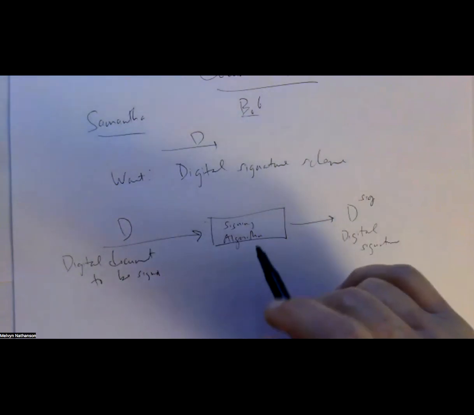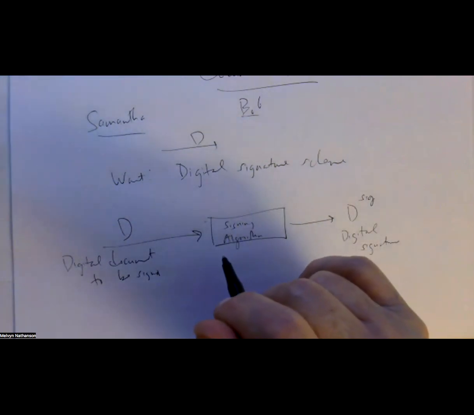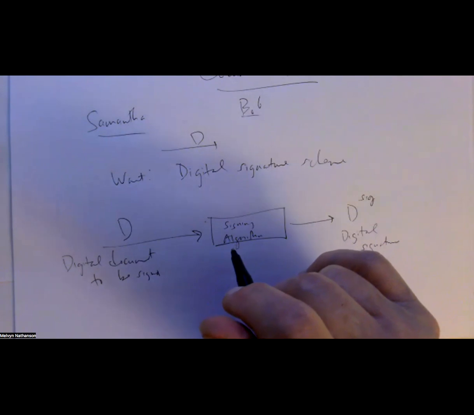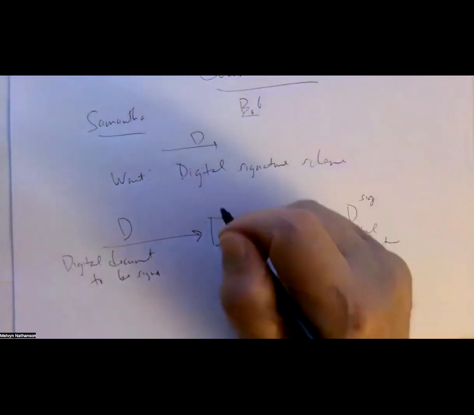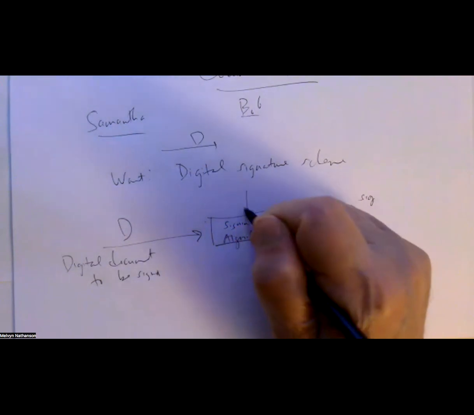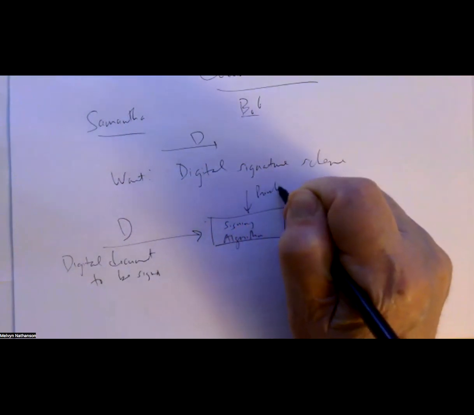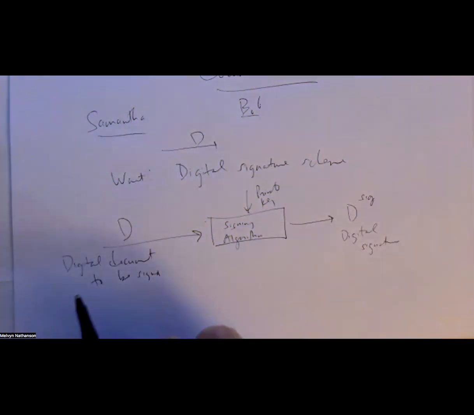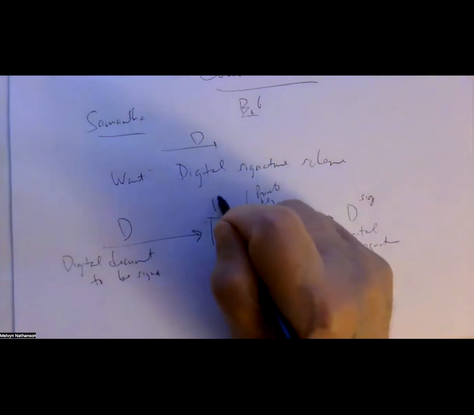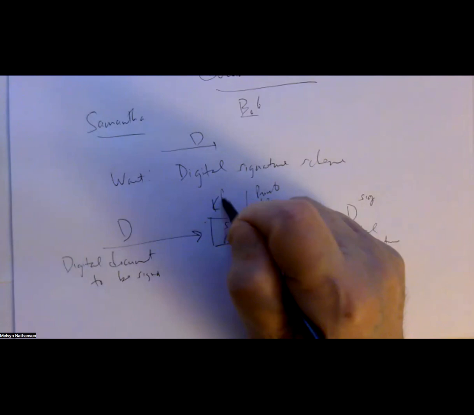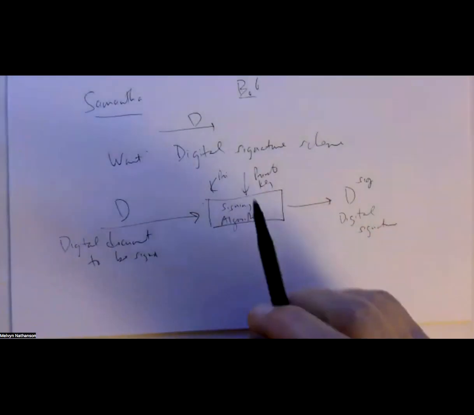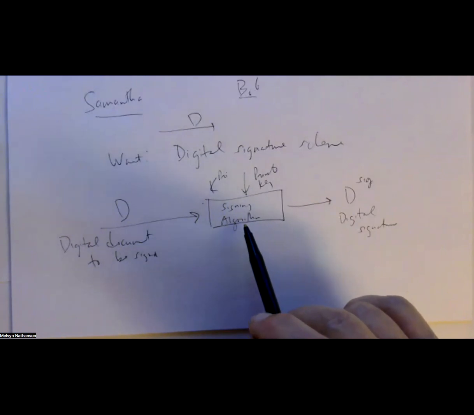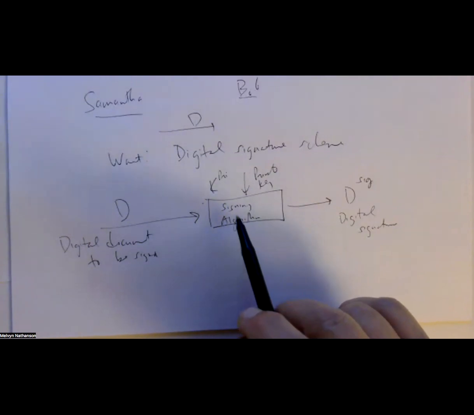And the signing algorithm has to be something which the person sending knows how to do, but no one else knows how to do. So there is some private key that the sender uses, that's the private key. So the sender has some secret way of signing a document, right?